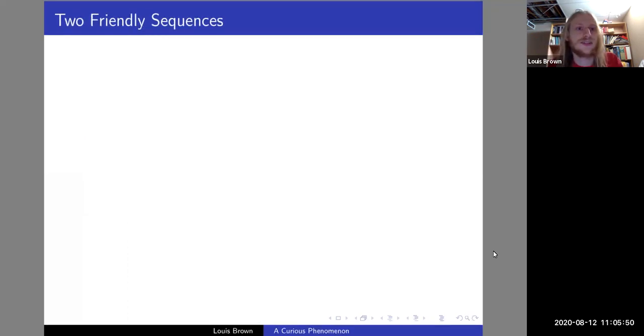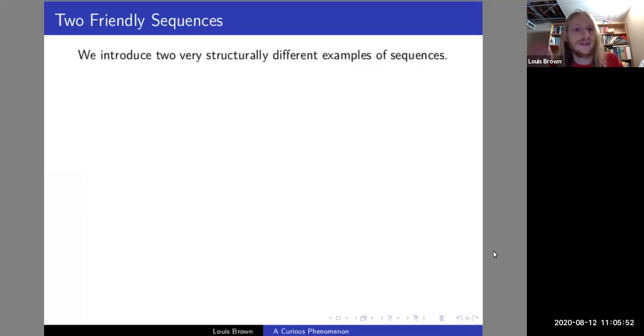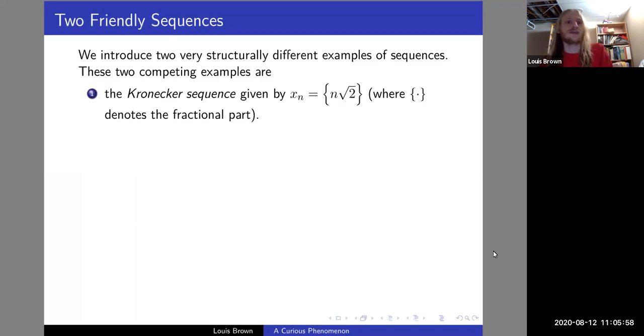Okay, so first we have our two friendly sequences. So we're going to introduce two very structurally different examples of sequences. The two competing examples are, one, the Kronecker sequence, which is given by xn equals the fractional part of n times root 2. So we're just taking multiples of square root of 2 mod 1.